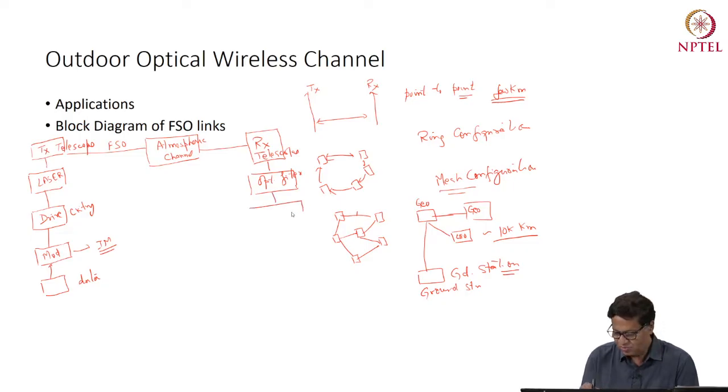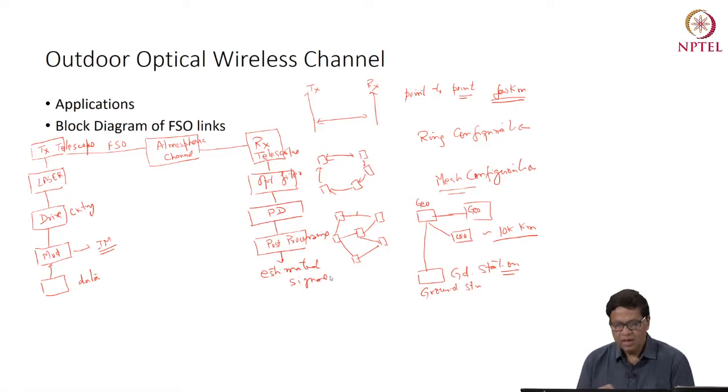And then you convert the optical signal received using a photodetector. This could be a PIN diode or APD diode or any advanced detector. And then you do some sort of post-processing to recover your signal. So here you will get your estimated signal. So this is the basic block diagram.